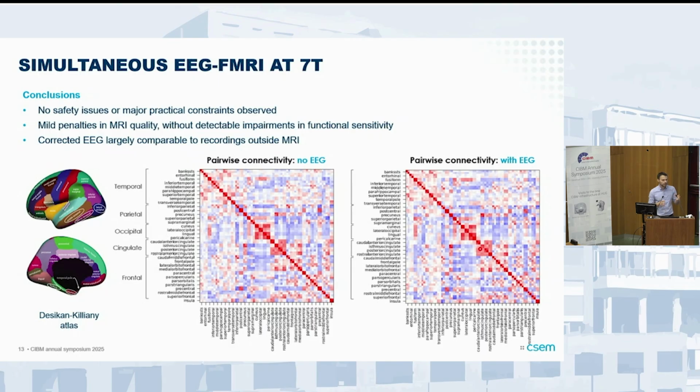In terms of the impact on pairwise connectivity, so a connectome obtained with pairwise connectivity across parcels of the Desikan-Killiany atlas, which is quite often used for that. And you can see visually very similar connectomes between a situation where you just acquire fMRI or if you acquire EEG as well.